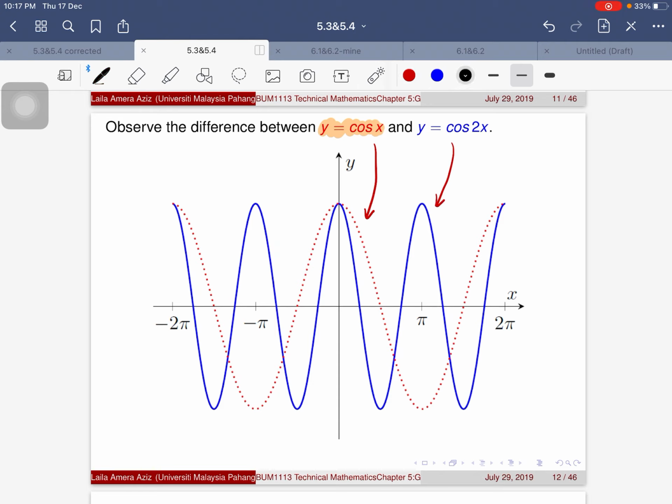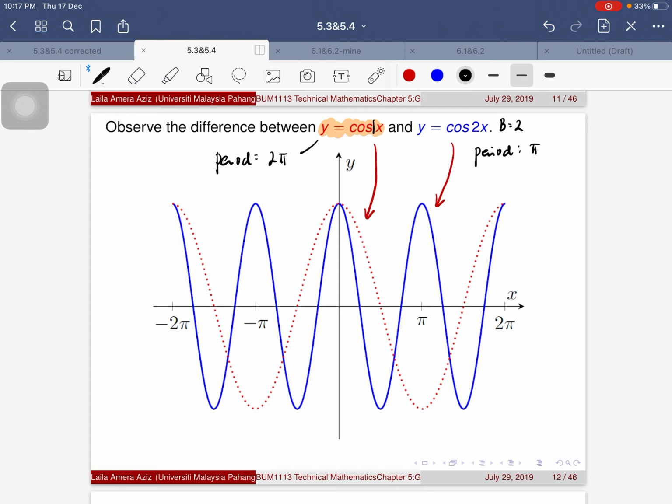And for y equal cos of x, the period value is equal to 2 pi, because that is going to be 2 pi over 1, because the b value is equal to 1. And for this one, the b value is equal to 2. So what happens is that the period is going to equal 2 pi over 2, so that is going to equal pi.